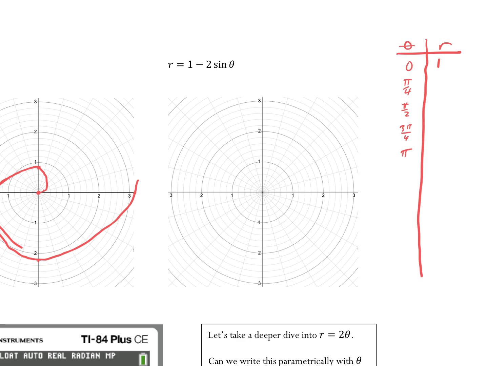Yeah, that one. 1 minus the square root of 2. Is that a negative 0.4? Yes.